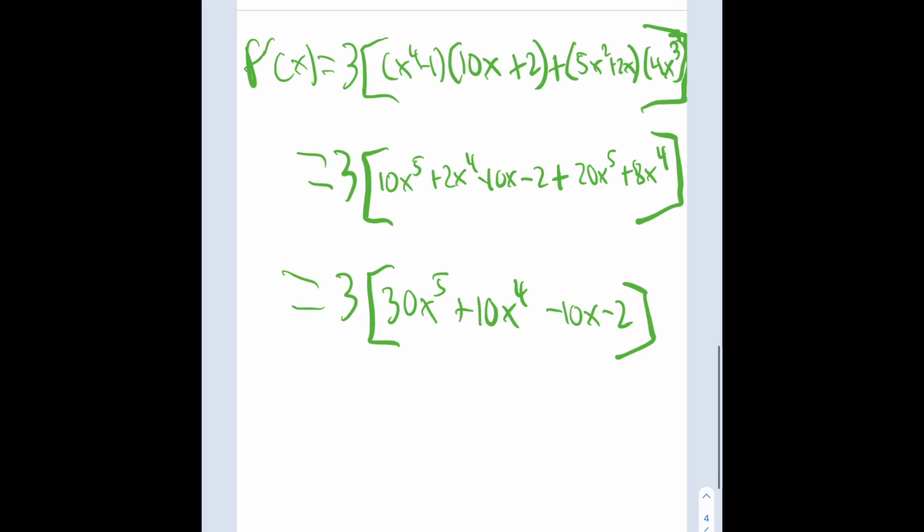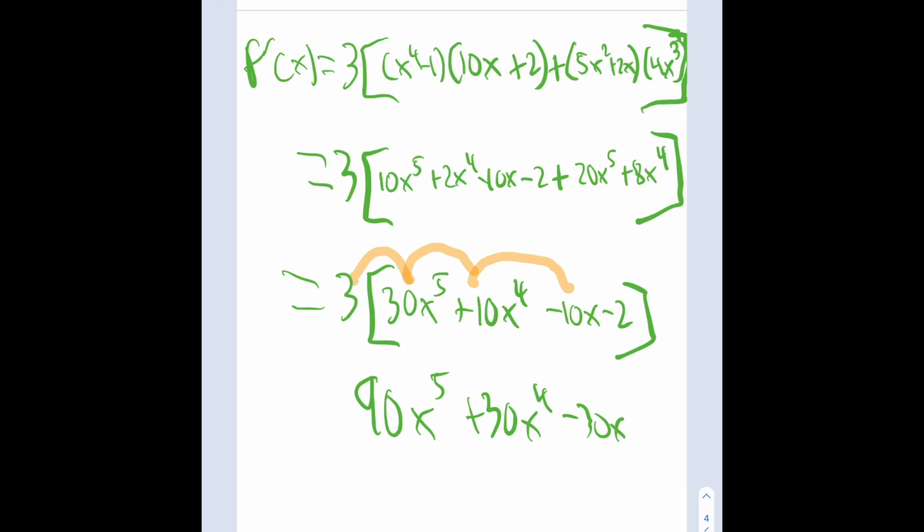To finish this out, I could leave it like this. I would honestly probably leave it like this. You could potentially distribute this 3 in here as well, depending on if you wanted to do that. That would be your answer.